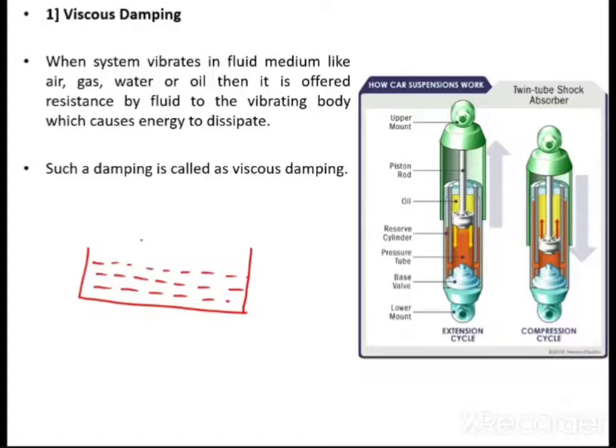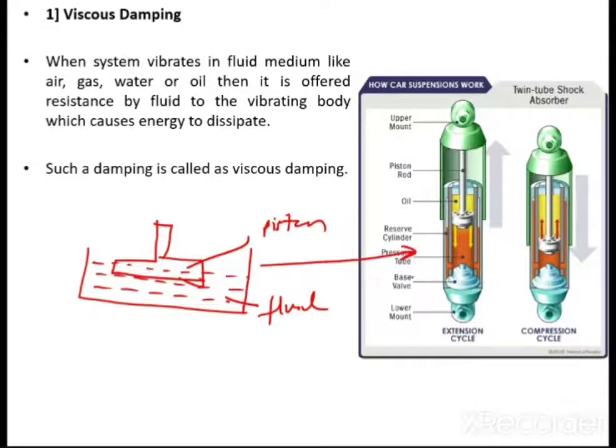We'll put a piston inside. This is a piston, and this is a fluid. The same principle is used in the automobile suspension damper. This fluid is called viscous because the fluid we are using has some specific viscosity, so that is why it is called the viscous fluid.